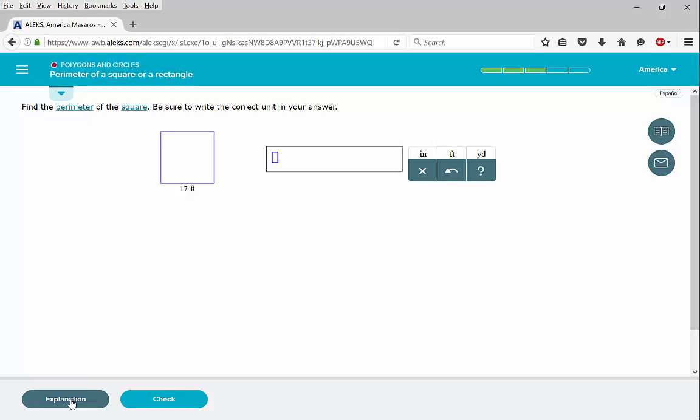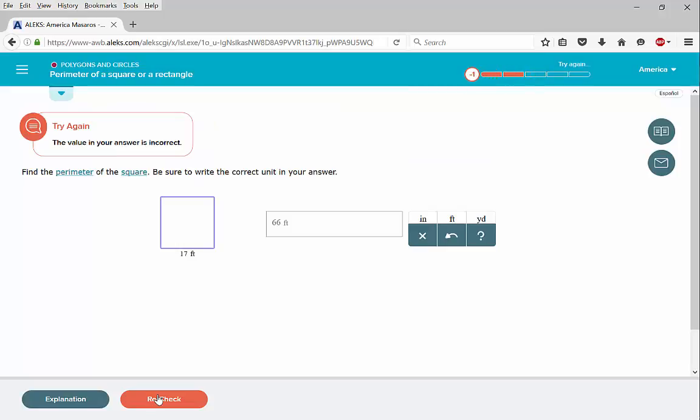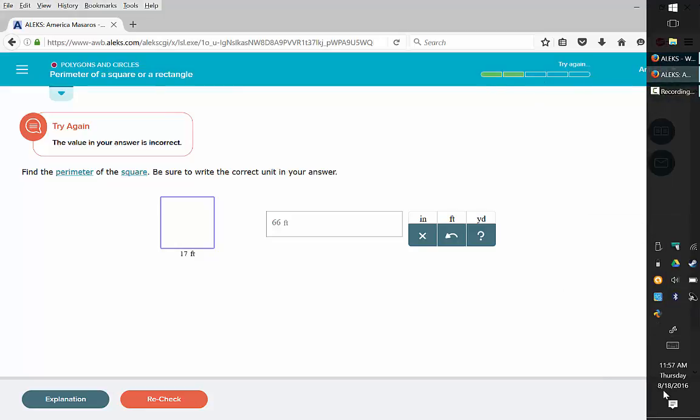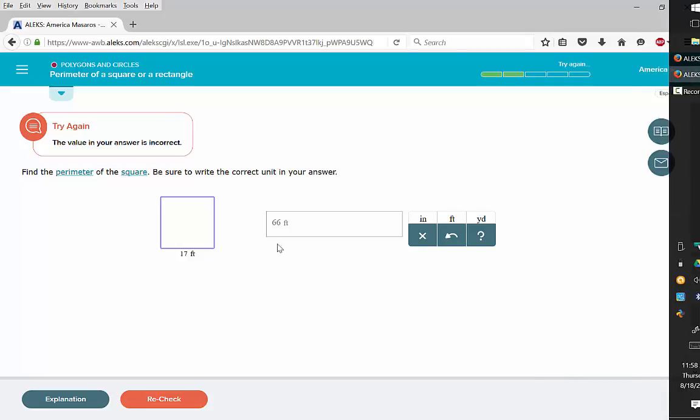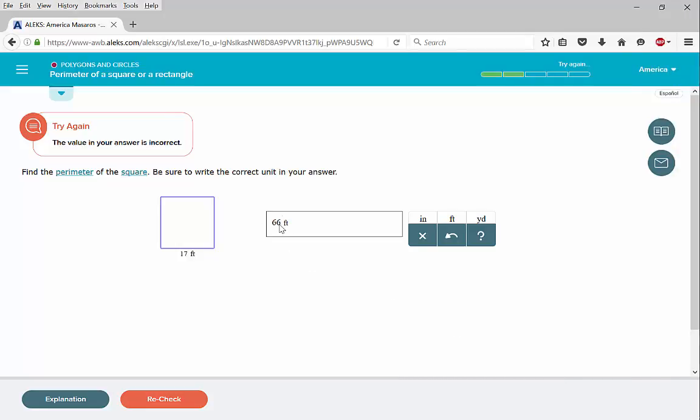But I'm going to type in 66. Let's see what happens when I put in the wrong answer. Oh, it says it's wrong. And it took away one of my points. Now I have to do extra questions. That's no good. I'm going to have to be careful not to do that again. Okay, but we know the right answer. It's actually 68.